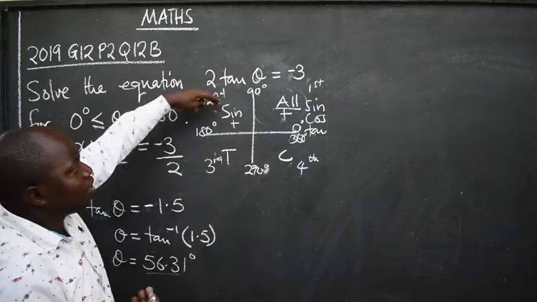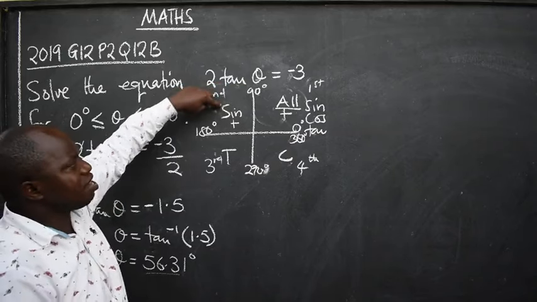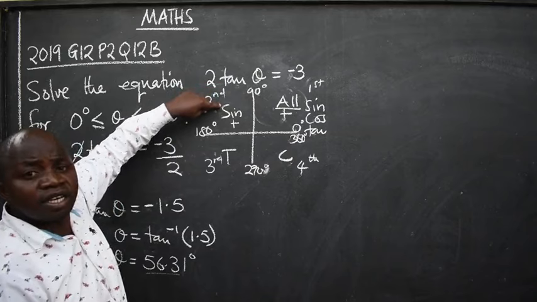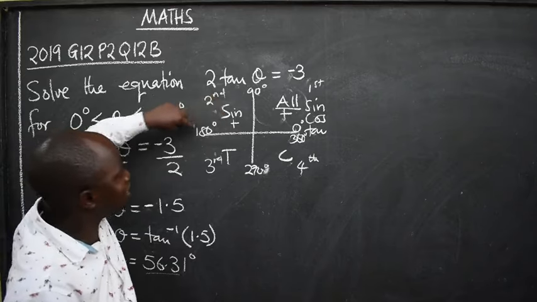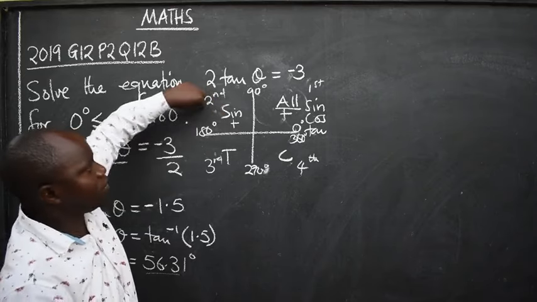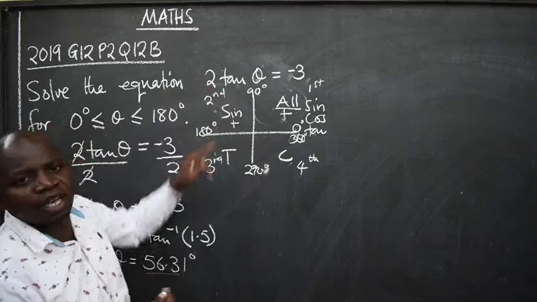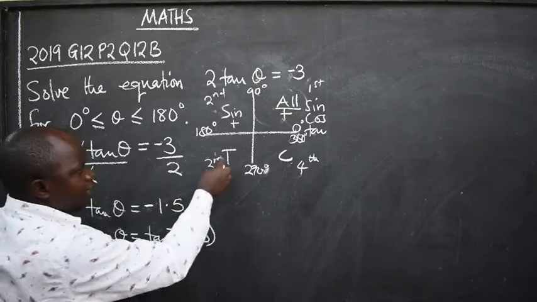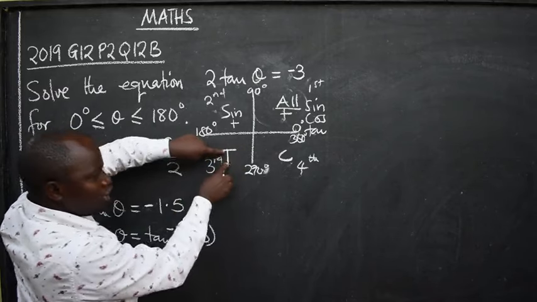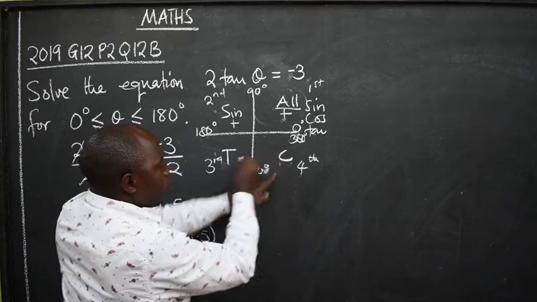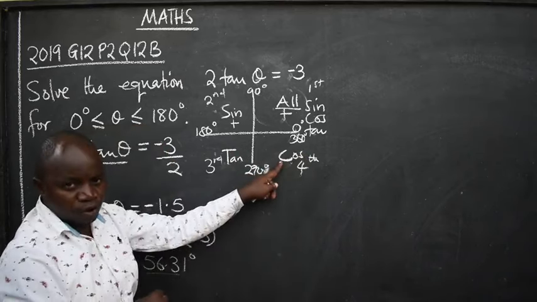You can try sine of any value between these, maybe sine 150. Sine 150 will be a positive answer because sine is positive in the second quadrant. But try cos 150, tan 150, you are going to get negatives. It means therefore that in the third quadrant here, only tan is positive. Here only cos is positive. I hope we are together.